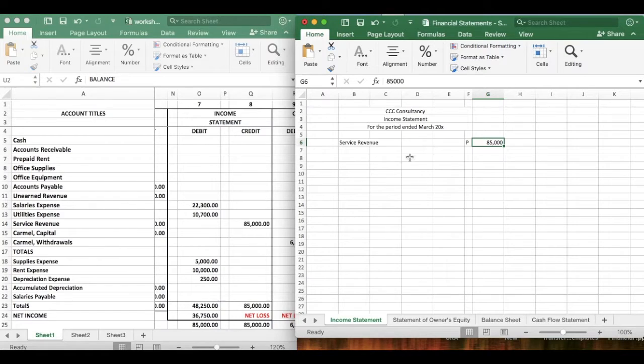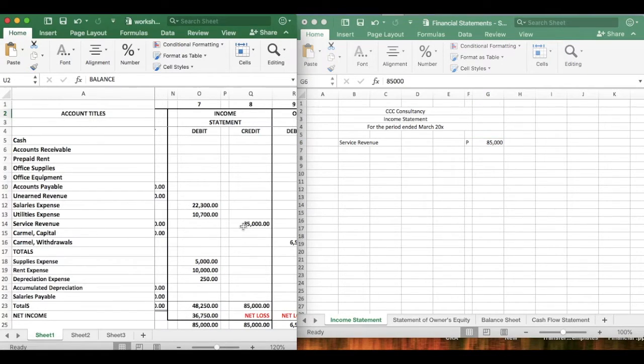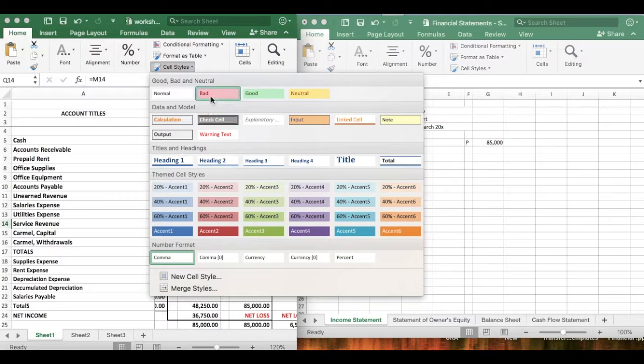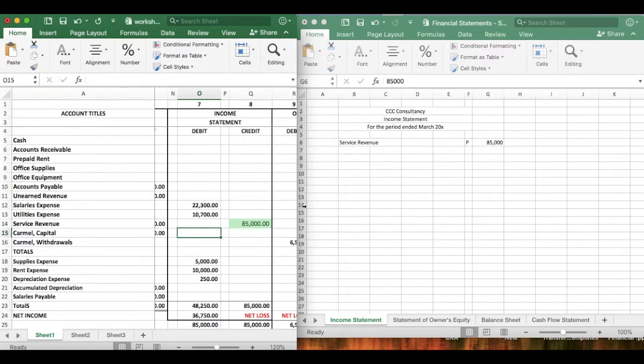Then we can highlight this to indicate that we have already placed that under the income statement, just for our indication. If you have a hard copy, you simply put a check mark.